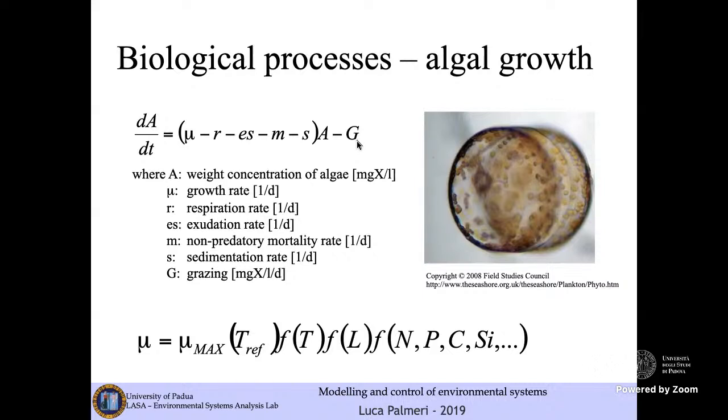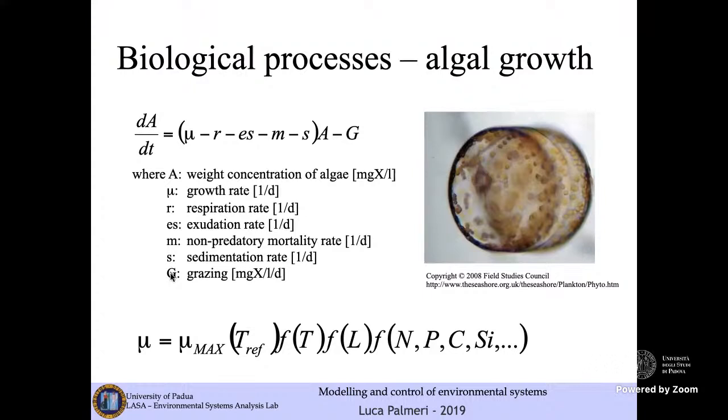And grazing is a measure of how much of the algal material is taken away from the system by upper trophic levels that are feeding on this population. So mu is the growth rate, R is the respiration rate, S is the exudation rate and non-predatory mortality, S sedimentation, and Z the grazing.